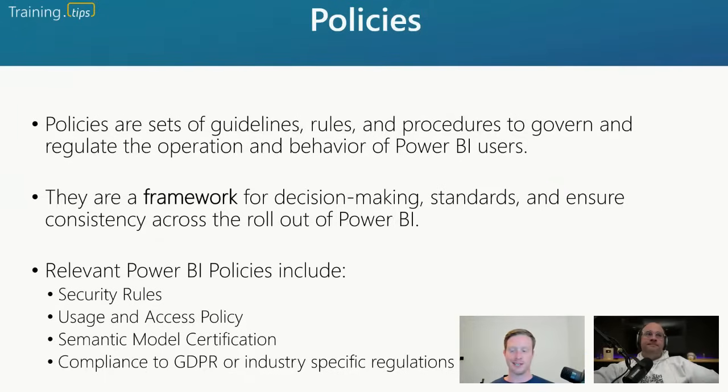So policies are things like security rules, usage and access, things about certification, or just things about how to comply to GDPR or PIPEDA or anything else, industry-specific or country-specific regulations. So it's just somewhere to list guidelines, rules, procedures, right?